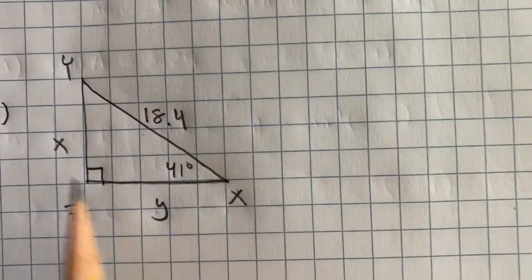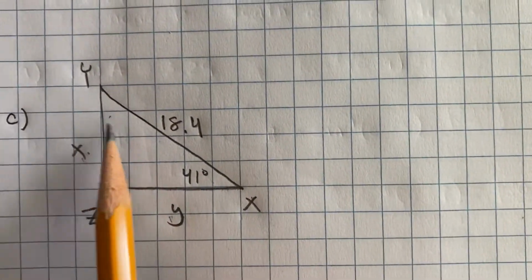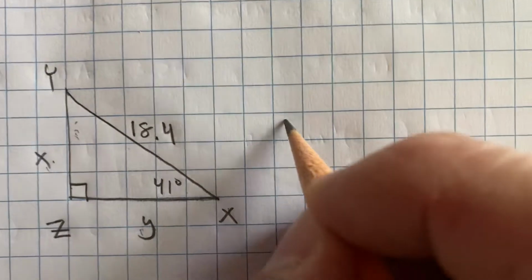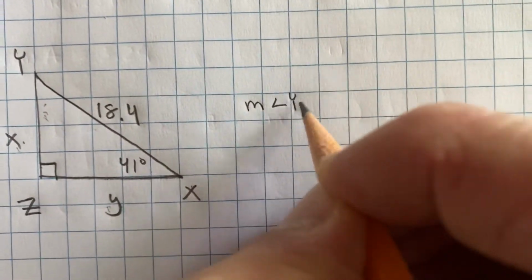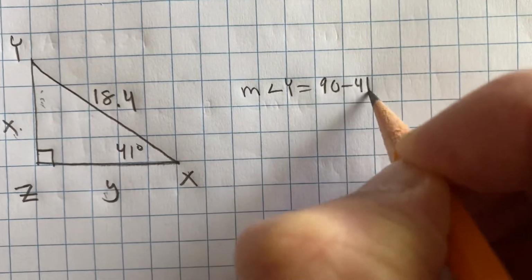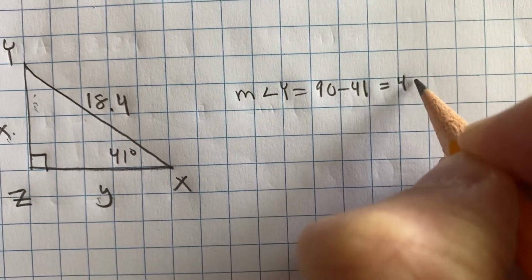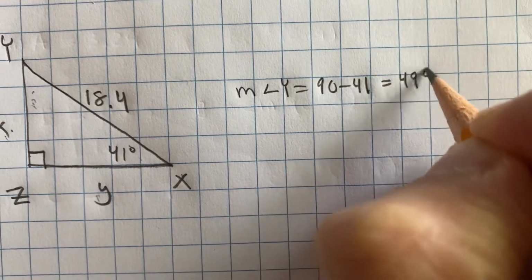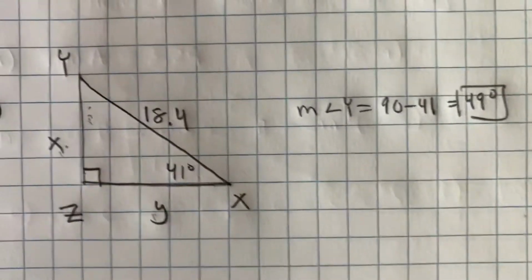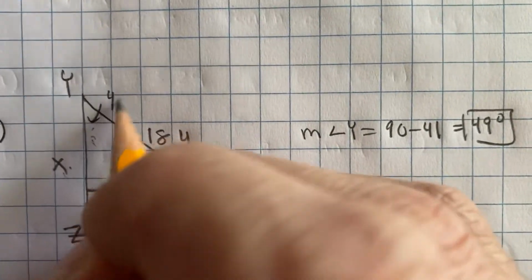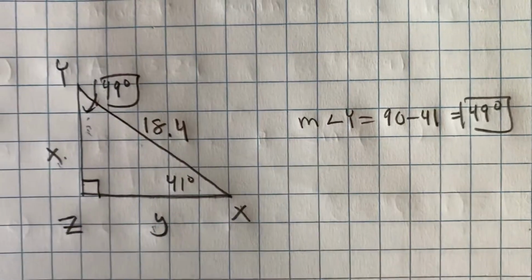This time, they don't give you either one of these side lengths, but you can figure out what this angle is. Angle Y is just 90 minus 41, which is just 49 degrees. This is 49 degrees because the sum of the measures of a triangle add up to 180.